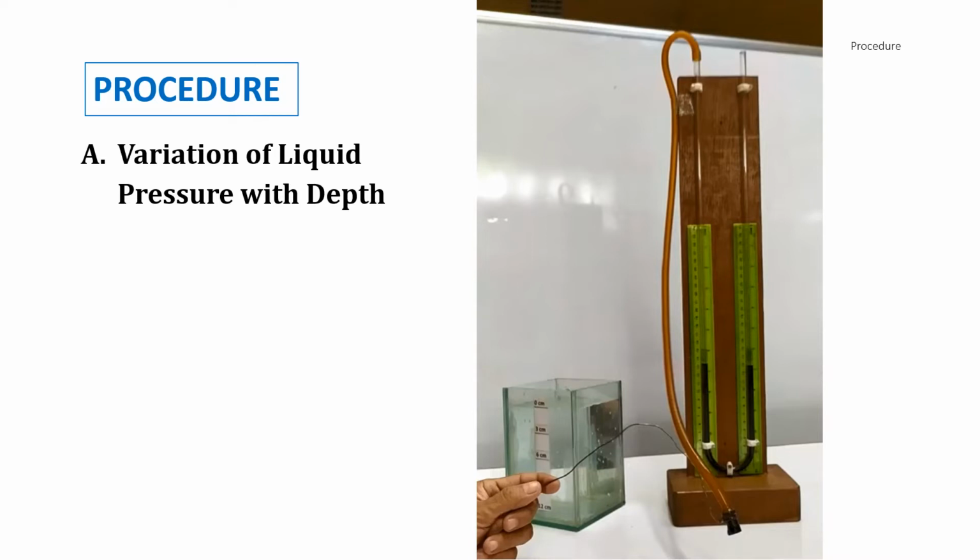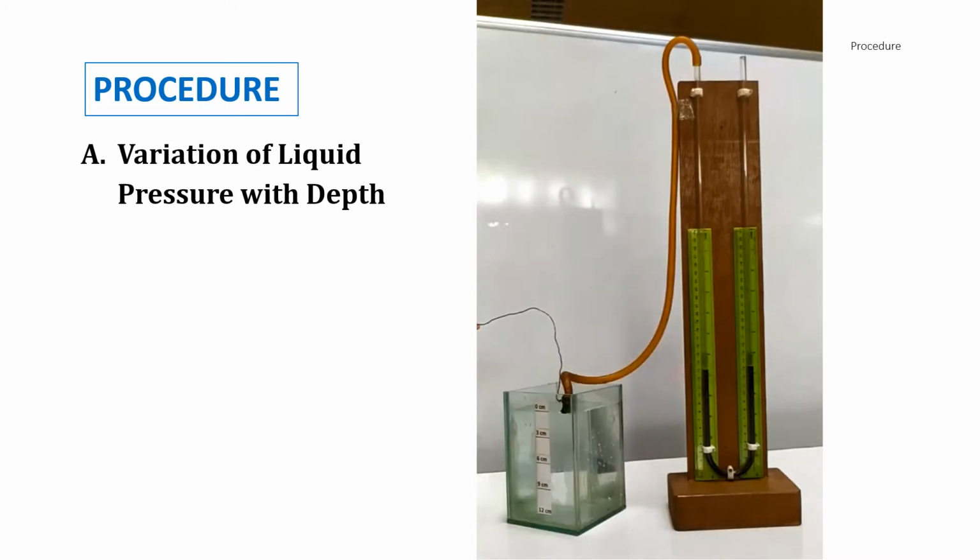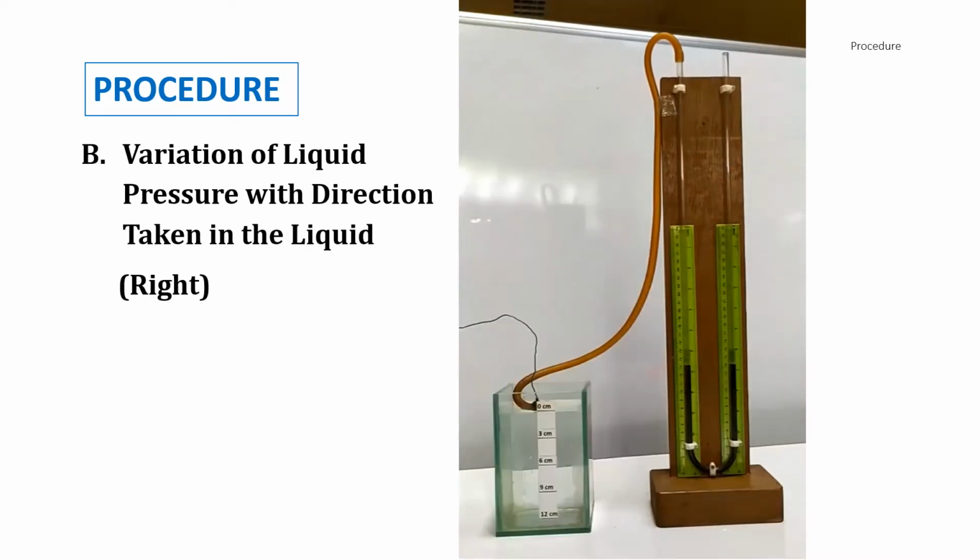Now the second part. Variation of liquid pressure with direction taken in the liquid. First, we'll have the right direction. Note that the probe is bent to the right.